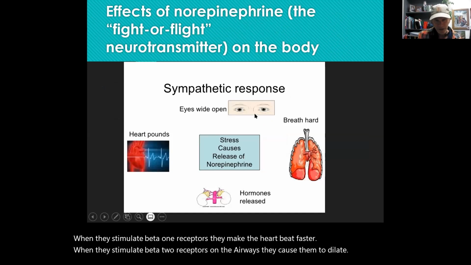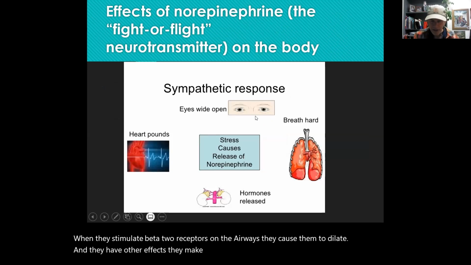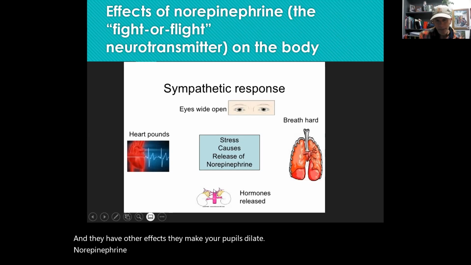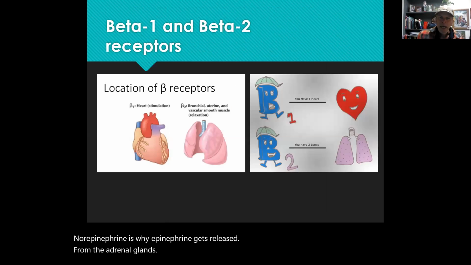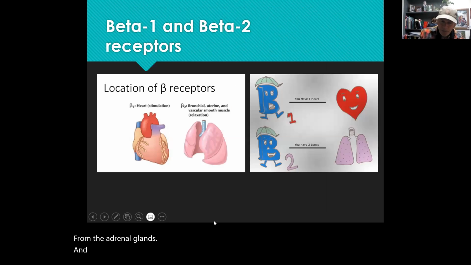And they have other effects. They make your pupils dilate. Norepinephrine is why epinephrine gets released from the adrenal glands. And just as a reminder, beta 1 receptors are found on cardiac muscle.